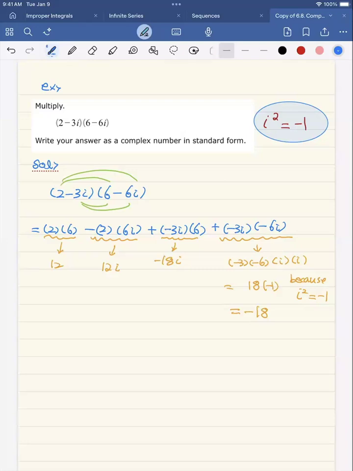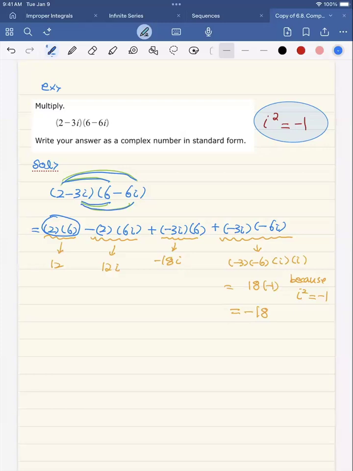Let's do FOIL. Then we have 2 times 6 and 2 times -6i, and then -3i times 6 plus -3i times -6i.